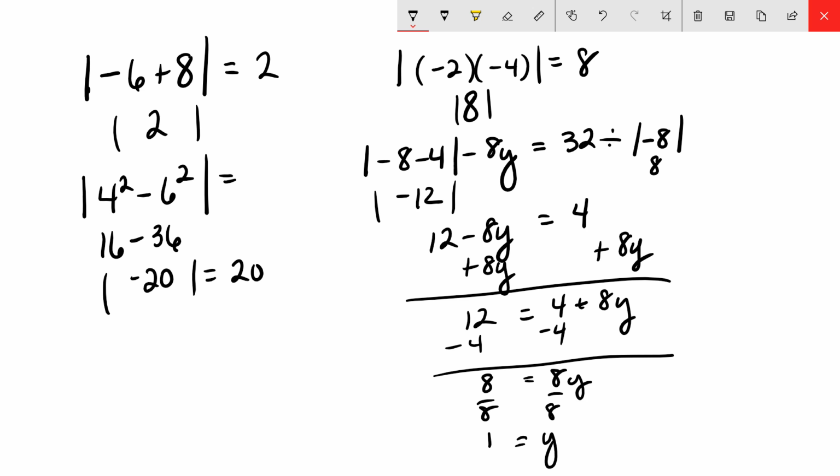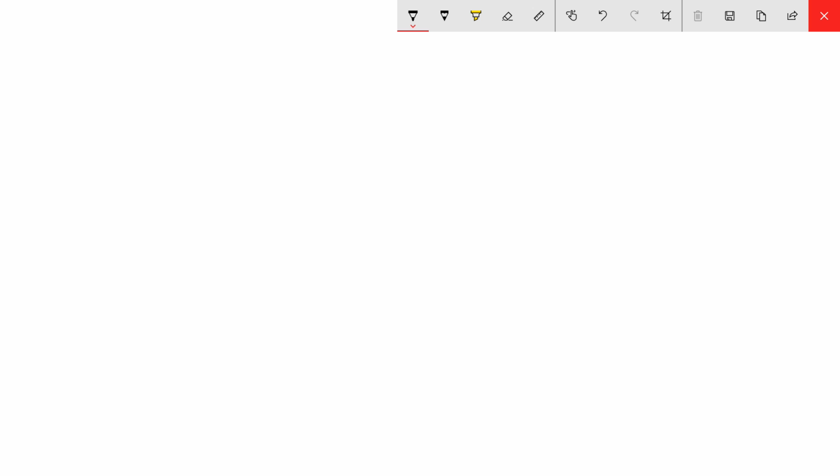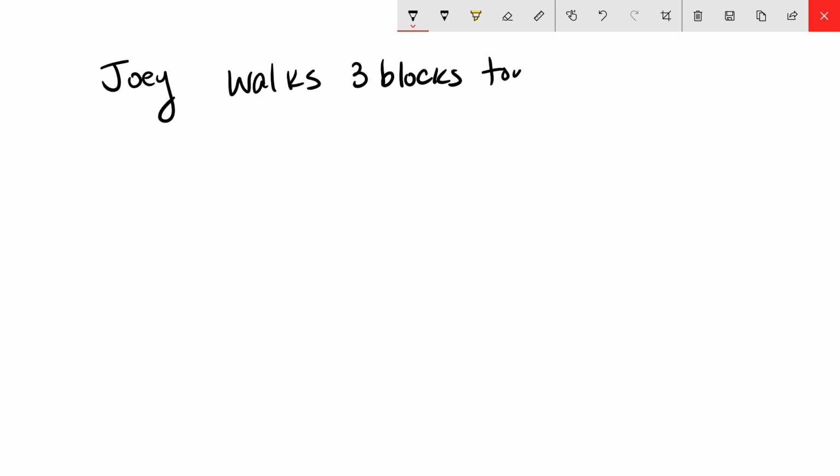Okay? All right, let's think about something else. Here's a little problem that demonstrates the idea of absolute value just dealing with distance, not direction. I've got my friend Joey, and he walks 3 blocks towards school. When he goes 3 blocks, he realizes he left his lunch at home.